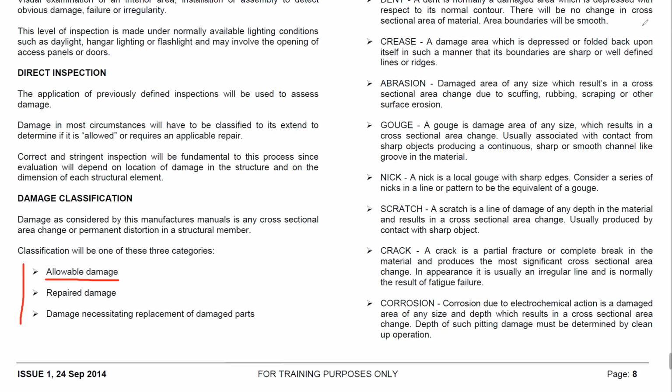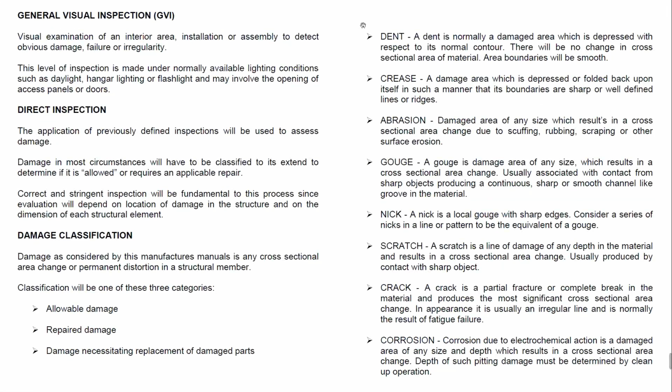Also, it's very important for you to identify what type of damage you have. Is it a dent, crease, abrasion, gouge, nick, scratch, crack, corrosion? We have different types, and depending on your structure, you can experience different types of damage, and some of them are not present.